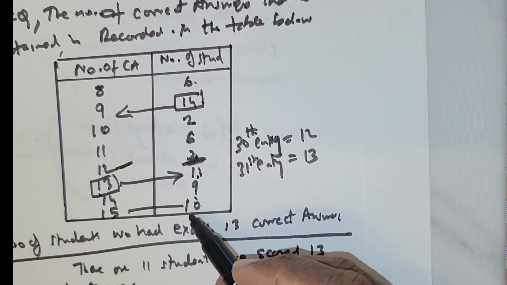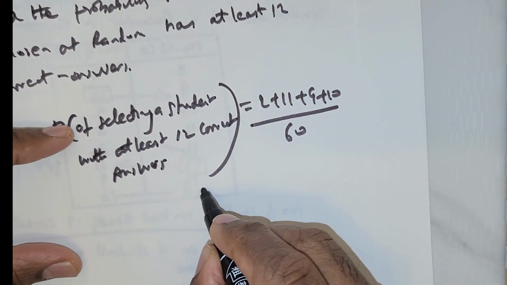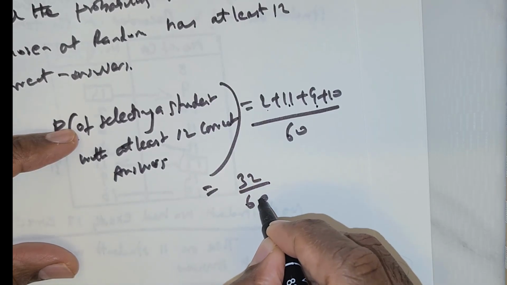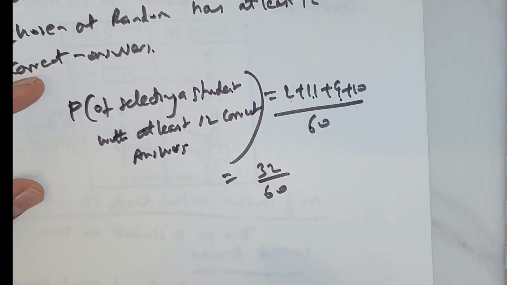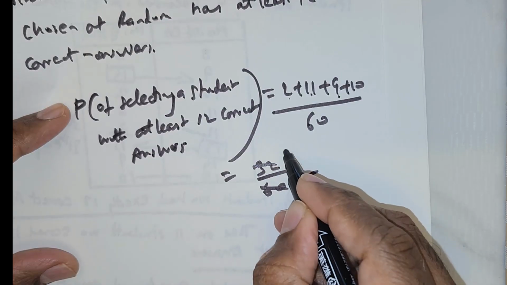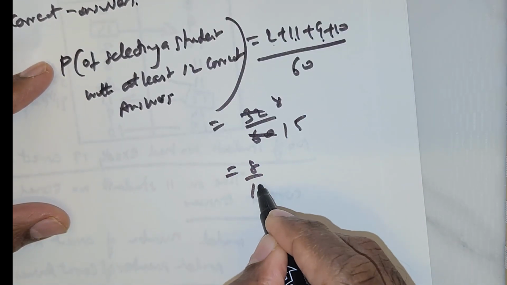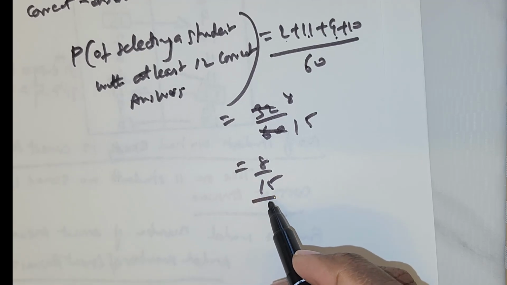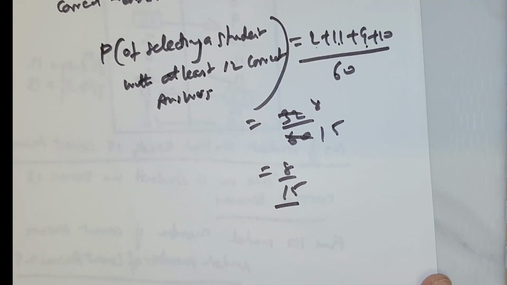Okay. So this is 20, 22, 32 divided by 60. Okay. 4 divides 15 times, 4 divides 8 times. So 8 over 15. This is the solution for this question. Okay. So we move on to the next one.